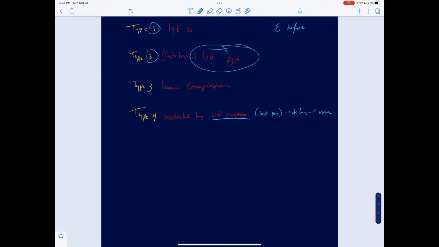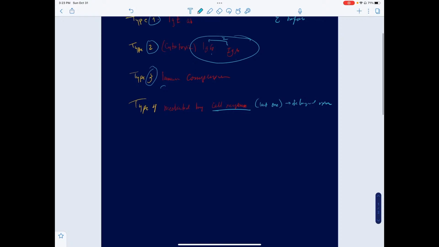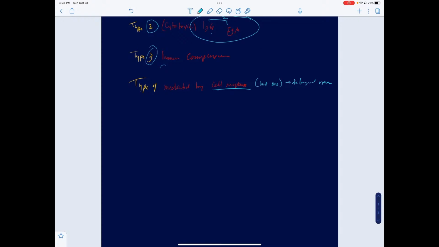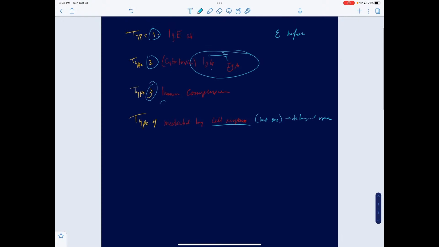All right, now for type 3, another, I guess you can continue, IgE, the letter I, immune complexes, type 3, and cell response is the last one. Type 4 is the delayed response.